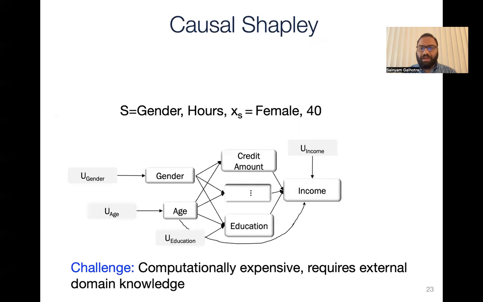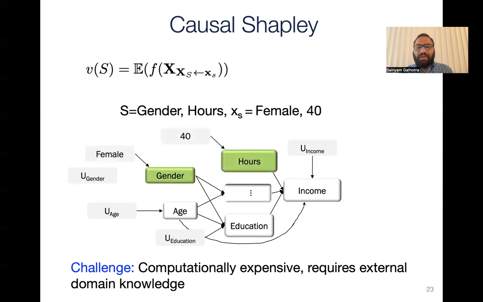Consider the causal graph for the adult dataset. In this graph, suppose the set S contains gender and number of working hours, and xS is gender equals female and working hours equals 40. The value function is calculated by intervening on these attributes, that is, removing their incoming edges and conditioning gender to female and number of working hours to 40.